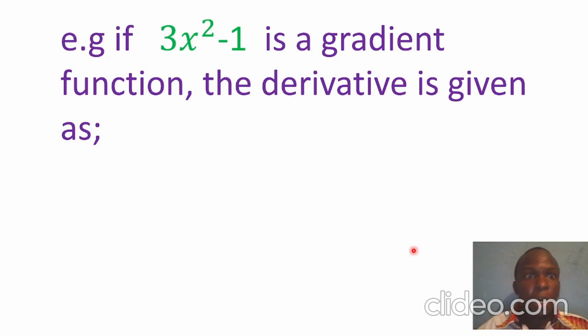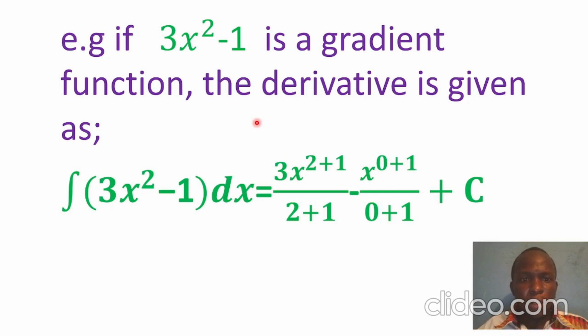So, e.g., if 3x squared minus 1 is a gradient function, the gradient for the integral is given by this. Now, what has just happened is that this is 3x squared, so you have to add 1 to the power, 2 plus 1, over 2 plus 1.